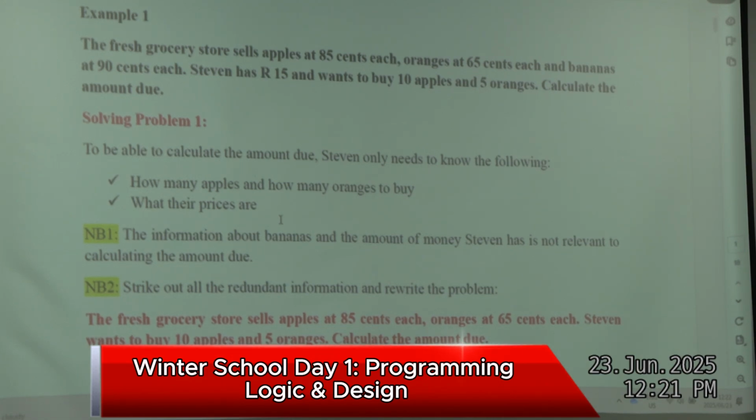I take them out. The fresh grocery store sells apples at 85 cents each, oranges at 65 cents each. Steven wants to buy 10 apples and 5 oranges. Calculate the amount due.